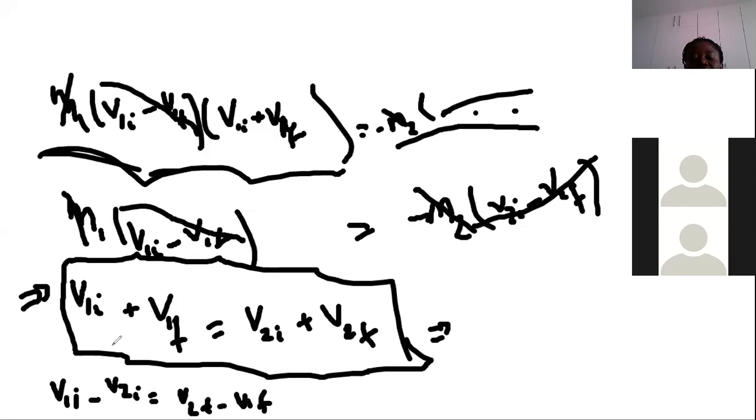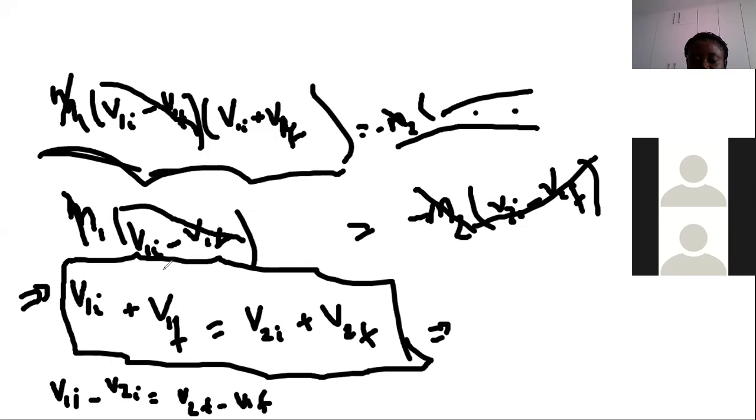So you can make use of any of this depending on if you know one of the values. So if you don't know both of them, you simply make use of these equations with the conservation of momentum, and then you can solve for one of those values.